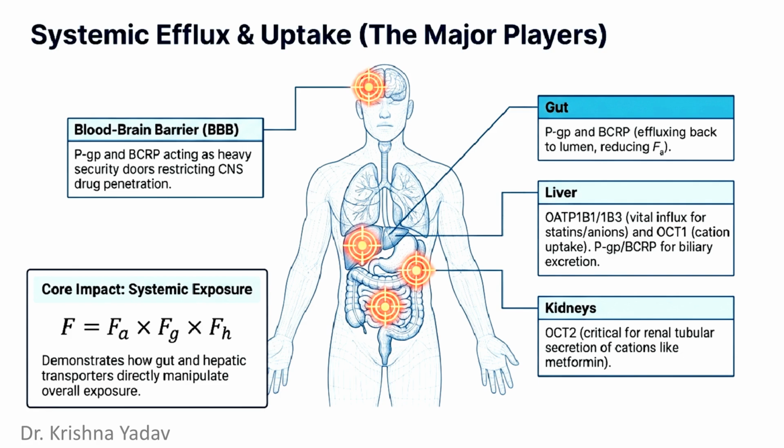In the kidneys, OCT2 drives renal secretion of cationic drugs like metformin. At the blood-brain barrier, PGP and BCRP act as protective gates, limiting CNS drug entry. All these processes combine in the equation F equals Fu times Fg times Fh, showing how transporters directly regulate systemic exposure. Overall, this works like a multi-step biological drug delivery system, controlling how much drug finally reaches circulation.